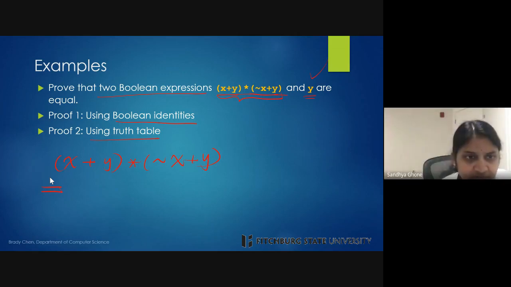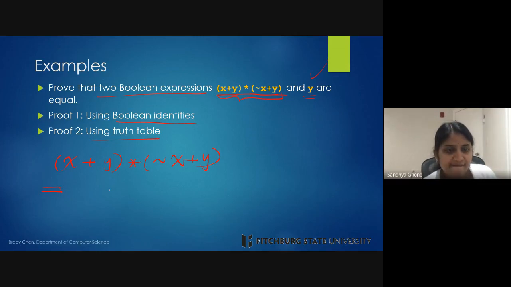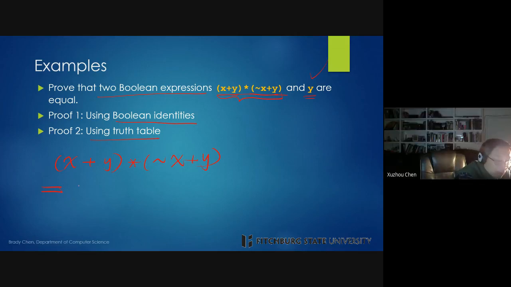One approach is, for x + y, you can write y + x.